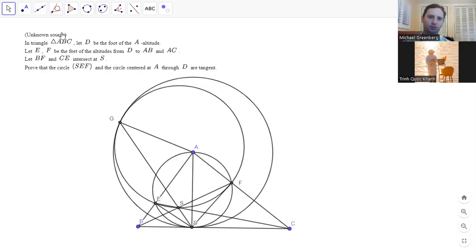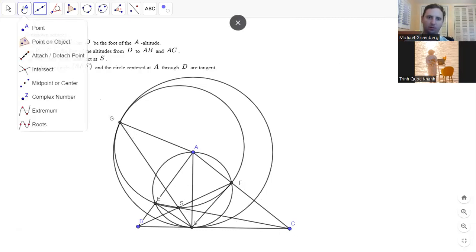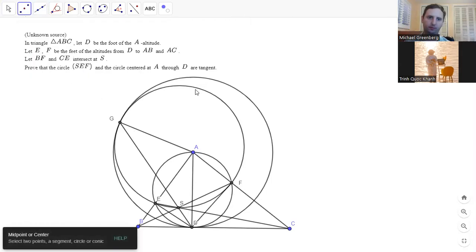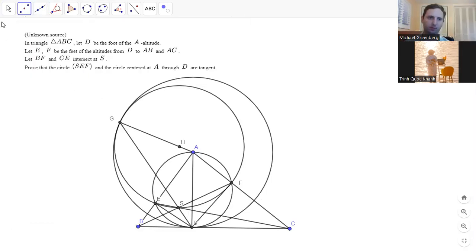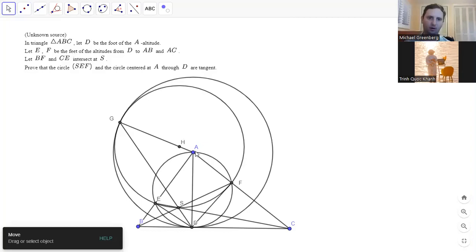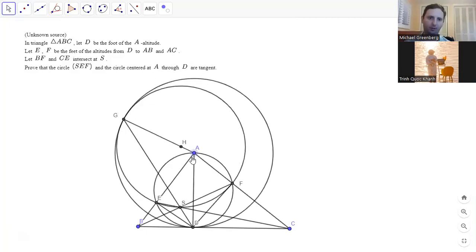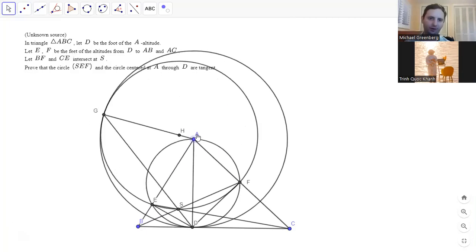Let's see. What if we draw the center of this? I would be very surprised. Oh, does it really lie on AG?